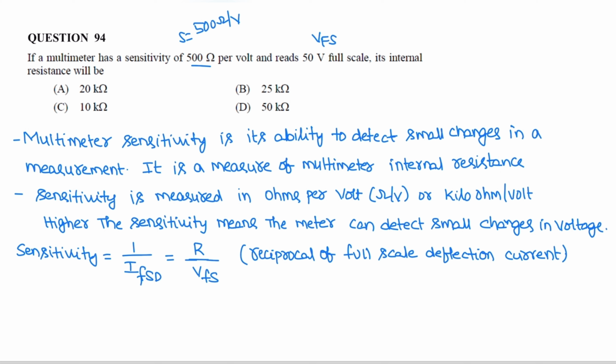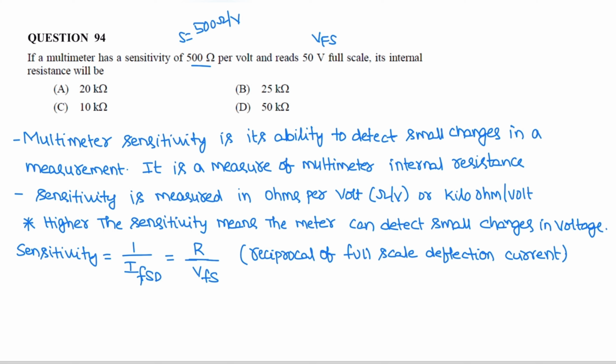So sensitivity is the ability to detect small changes in a measurement. It is a measure of multimeter internal resistance. Sensitivity is measured in ohm per volt or kilo ohm per volt. Higher sensitivity means the meter can detect small changes in the voltage. So generally the meter should have high sensitivity.